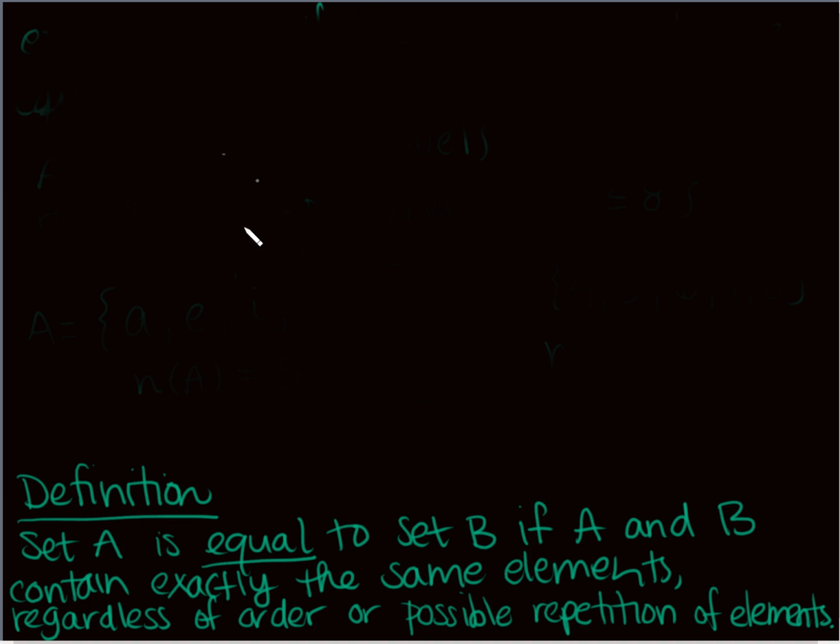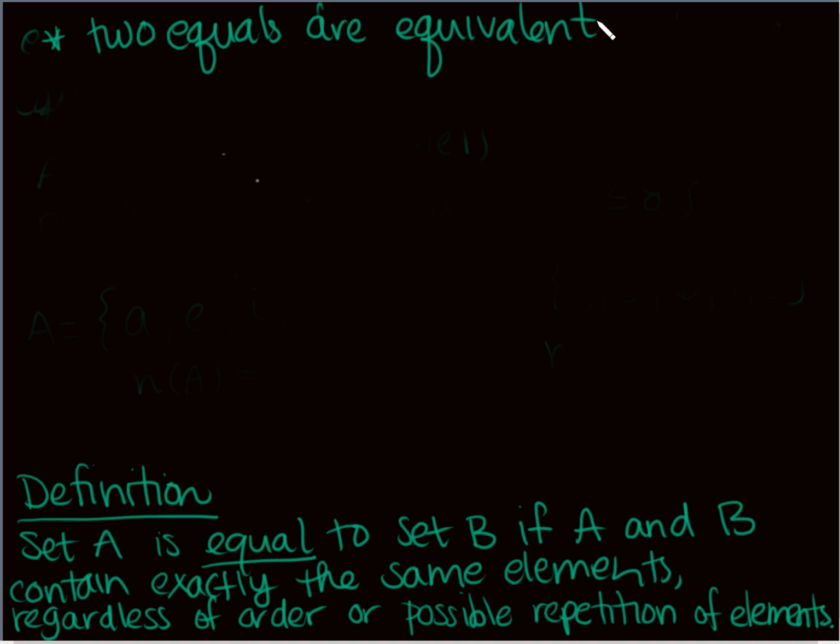So the thing here is, in your notes, put a little note under that: two equal sets are also equivalent, because equivalent just means they have the same number of elements, okay? So equal implies equivalent. Equivalent, however, does not always imply equal.